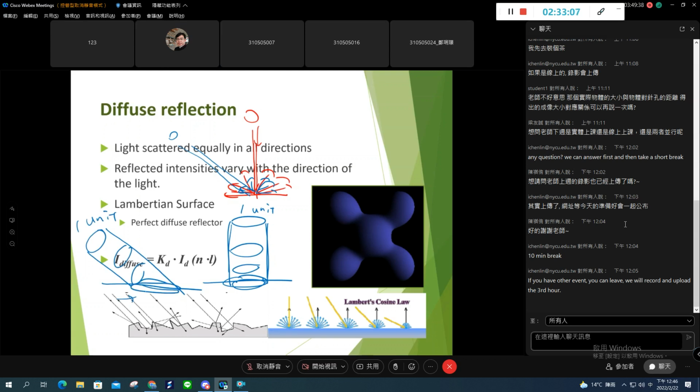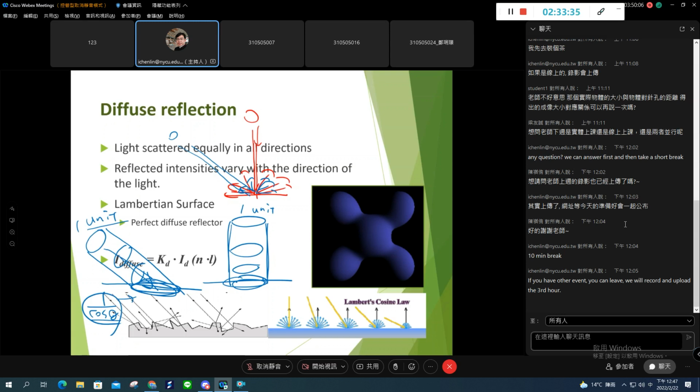It becomes 1 over cosine theta. See? This is when it becomes larger. So because the intensity per unit has to be spread to a region of reciprocal of cosine theta, your reflected light will be reduced.